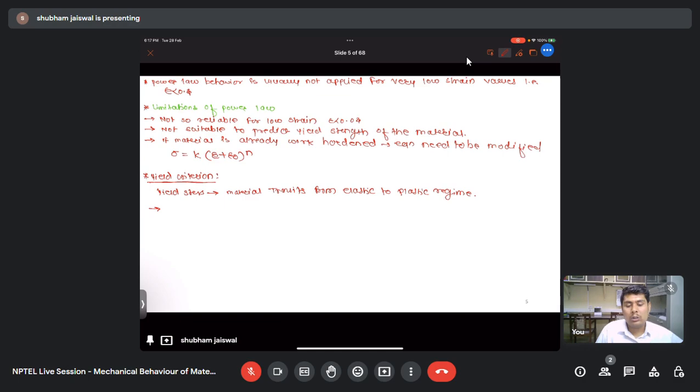Okay, so it is subjected to multi-axial stress. So deformation is usually not a uniaxial stress condition.